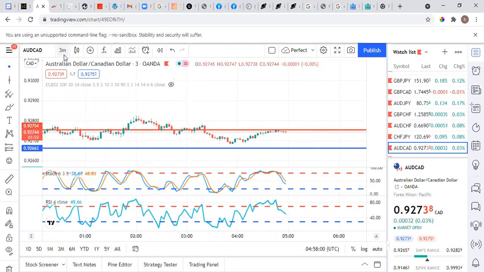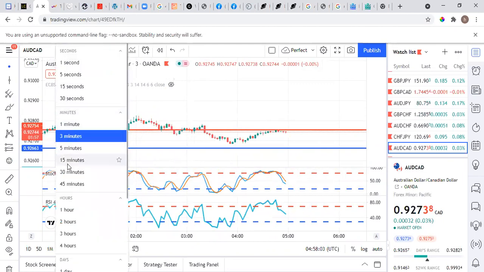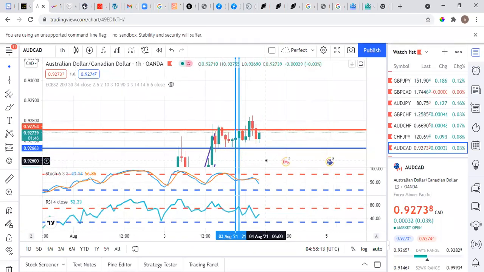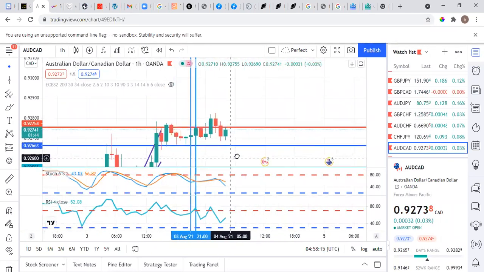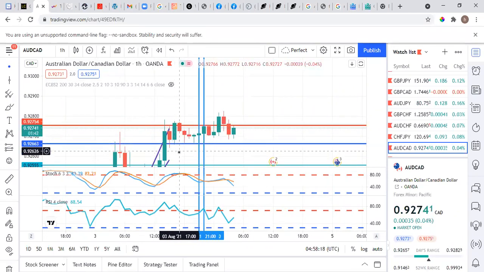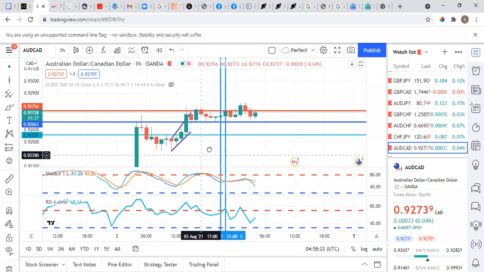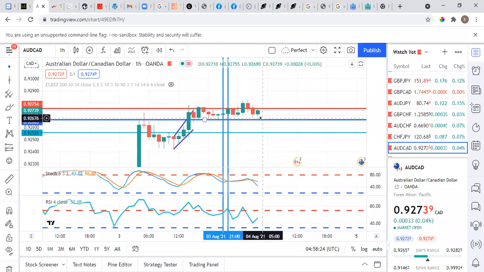When you want to draw your lines, you want to start from a higher time frame. If you want to be more accurate, you want to maybe start with 1 hour. You draw your ceiling. This is a 1 hour time frame, so each candle represents 1 hour.